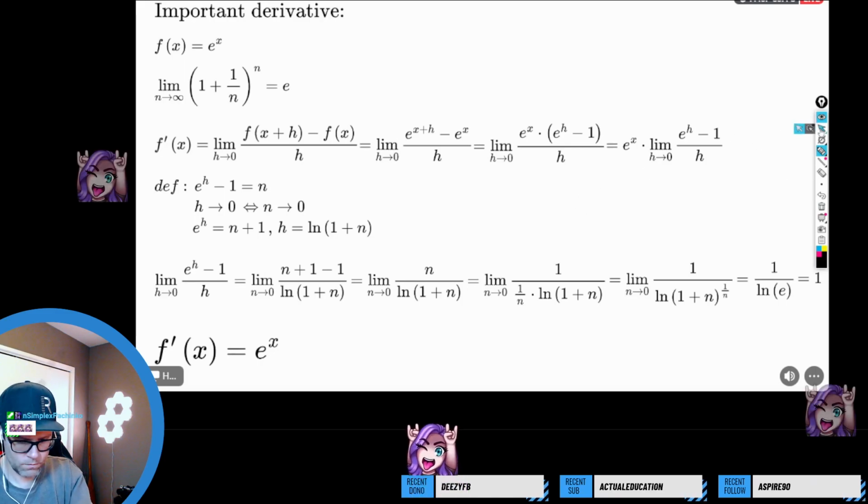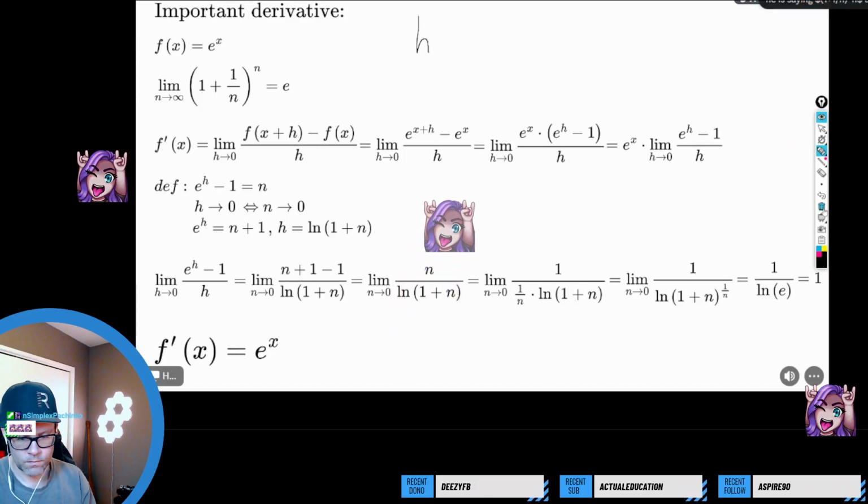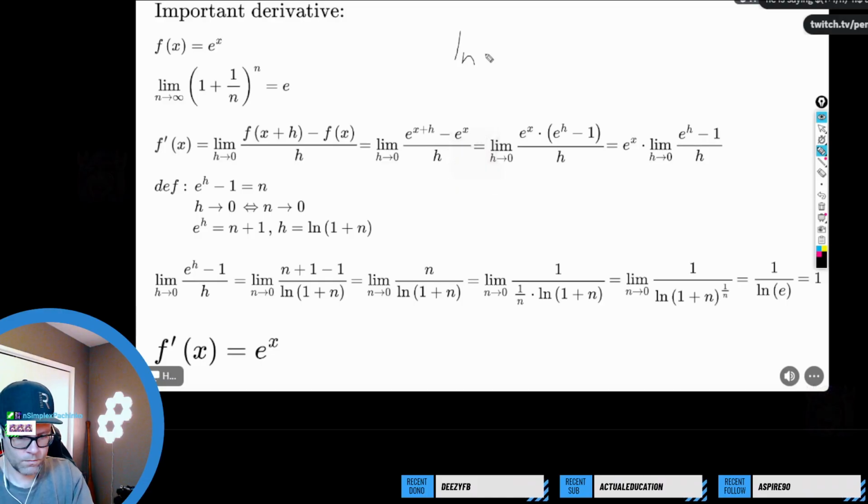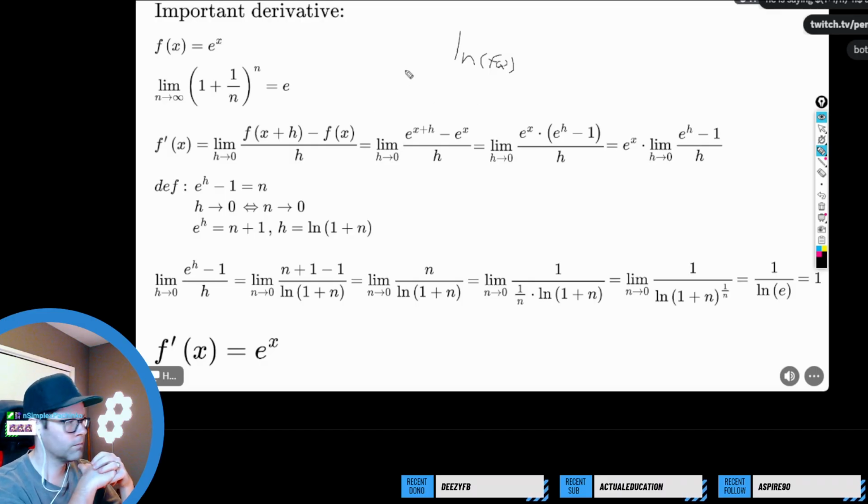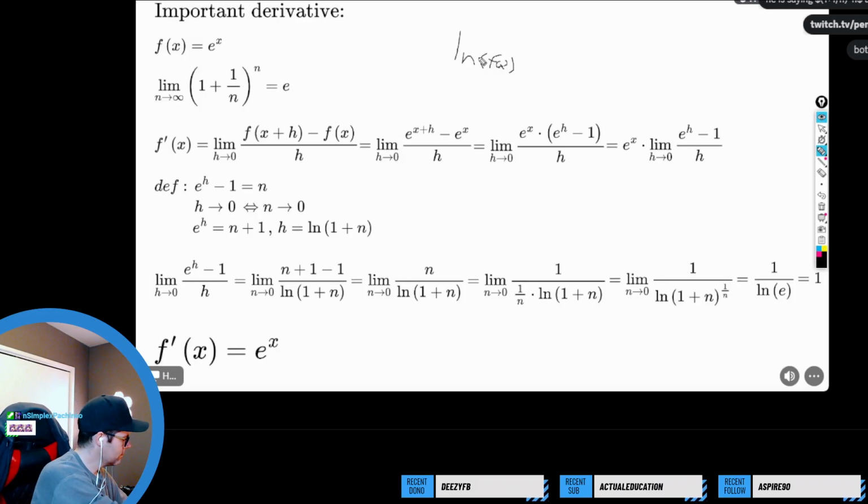Now there is another function, which is the natural logarithm. Now we need to compute this derivative.